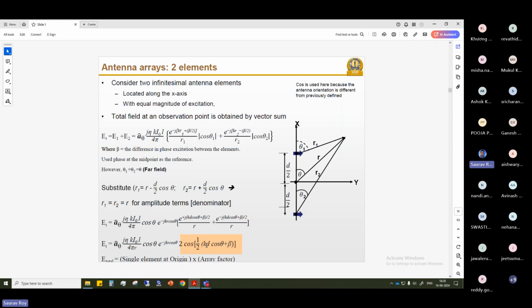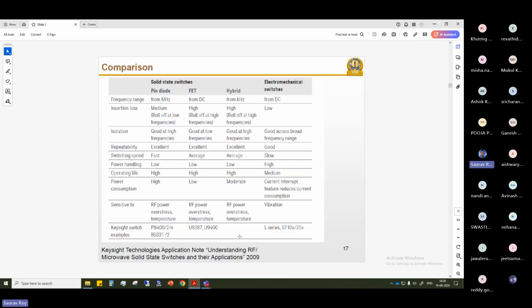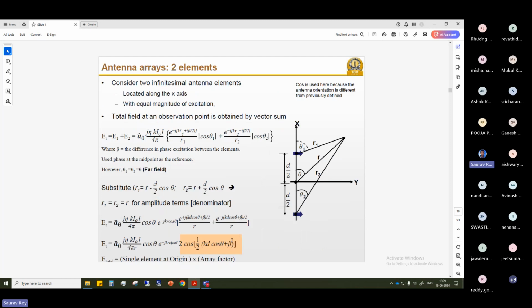And beta is, again, the phase difference of the feed of the two antennas. How you feed these two antennas, what is the phase difference, this is where you will have a say. This beta you can actually control by using these phase switches and all. And by them, you can actually control the total electric field at some point away.